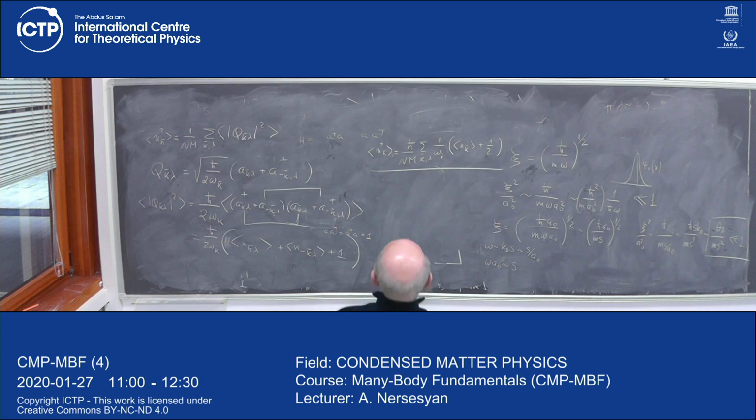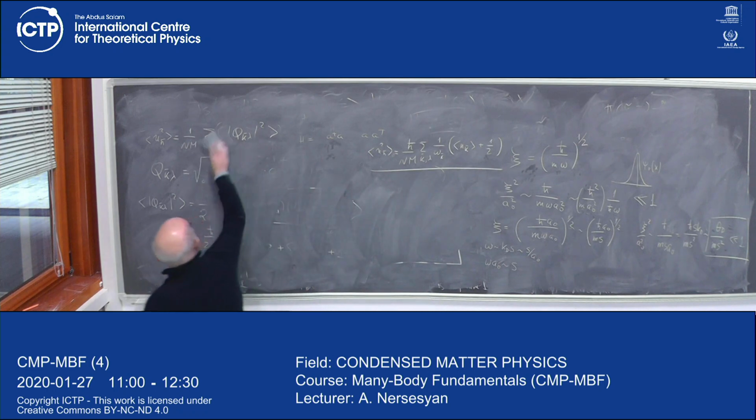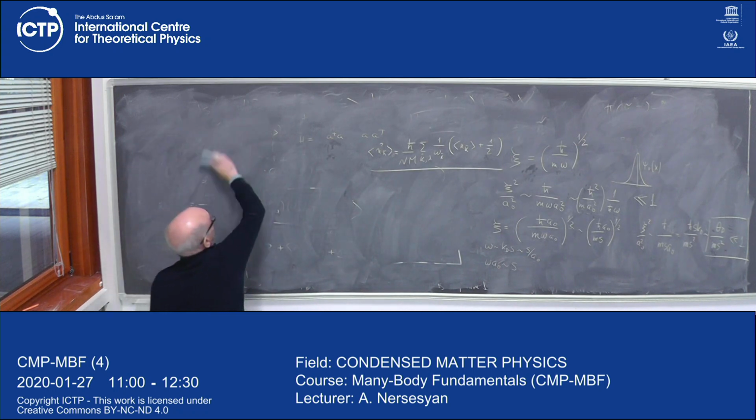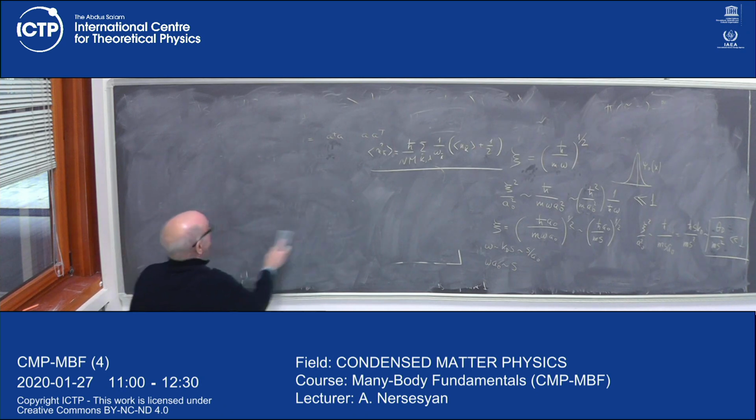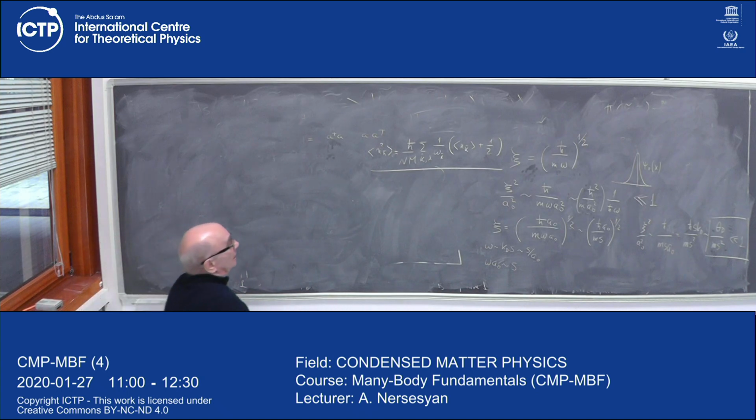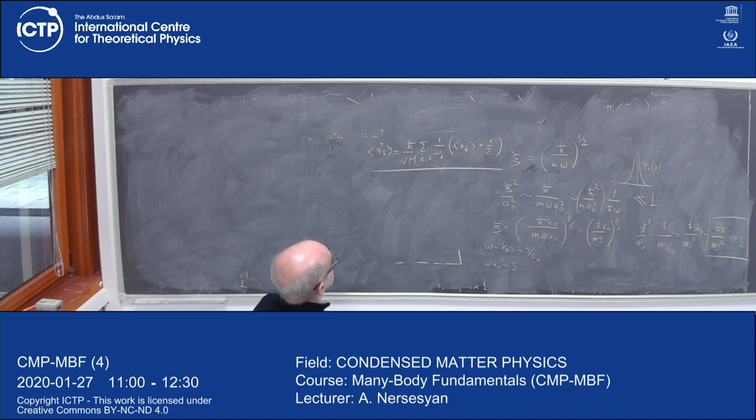So therefore, we can, in the first approximation, forget about finite temperature and do all calculations at 0 temperature and ask ourselves whether our lattice is stable at 0 temperature. Yeah, h is there. All right, okay.